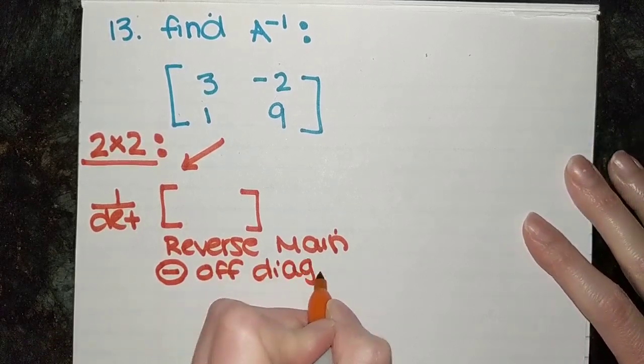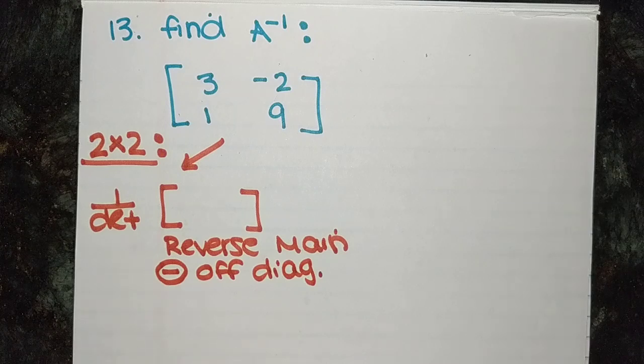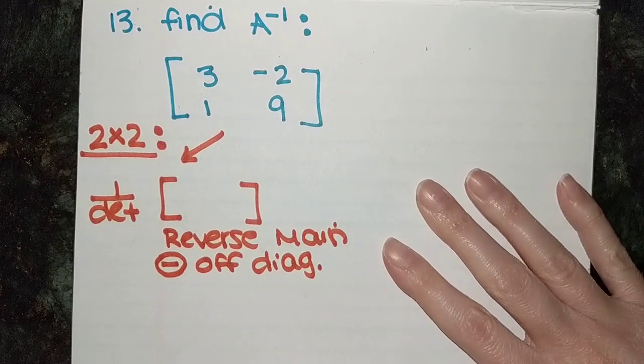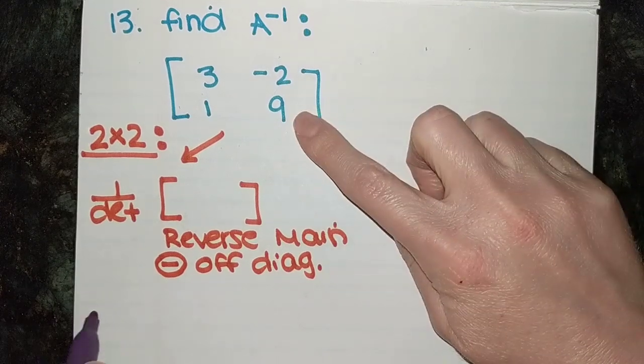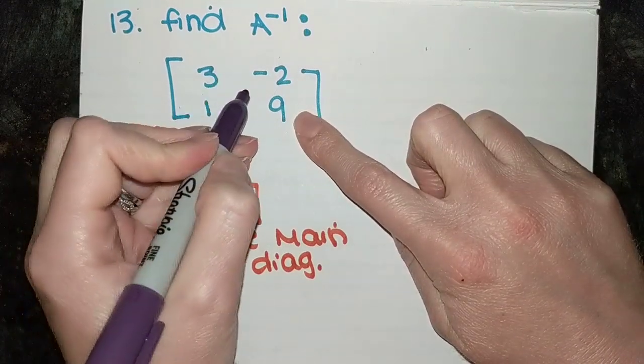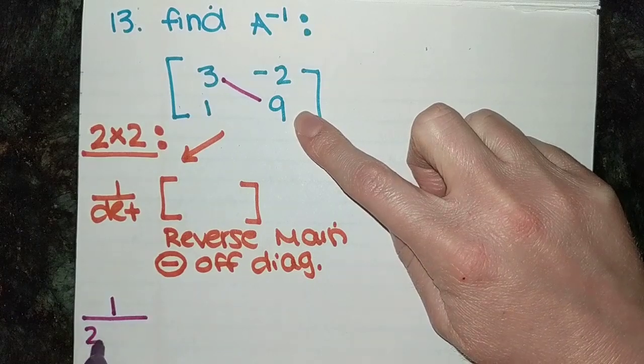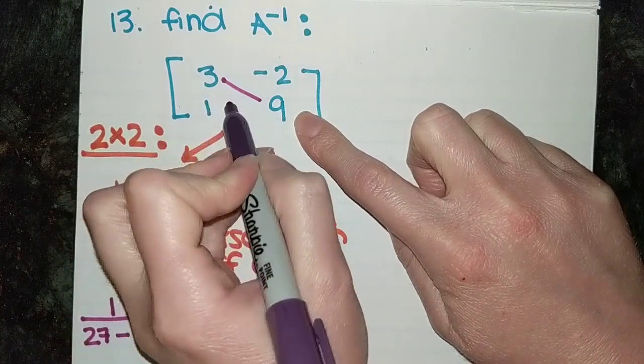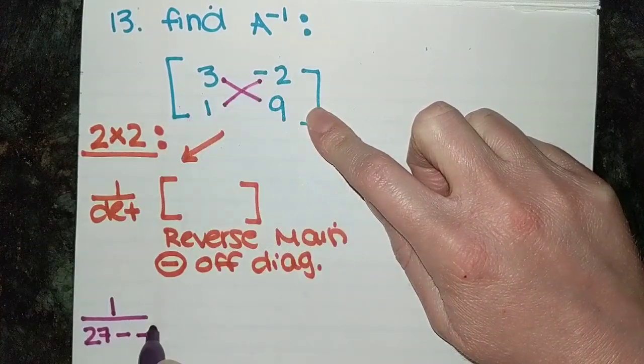Okay, and this is probably the easier way of finding the inverse when you have a 2 by 2. So what you would do here is you would find your determinant, and your determinant again is where you multiply the main diagonal, so 27, minus the off diagonal, negative 2.